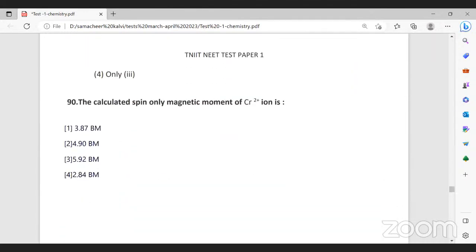The next question. Calculate the spin-only magnetic moment of Cr2+, chromium 2 plus. Firstly, we will take chromium. Chromium atomic number is 24. The electronic configuration is 1s2, 2s2, 2p6, 3s2, 3p6, 4s1, and 3d5.